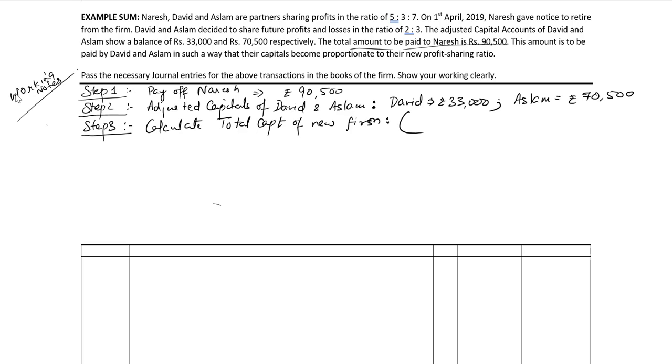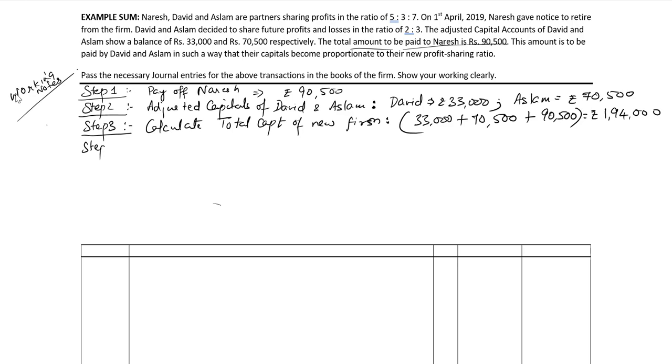We can get this by adding the adjusted capitals of David and Aslam, which is 33,000 rupees plus 70,500, and also adding the amount to be paid to the retiring partner Naresh, which in this case is 90,500. So we get rupees 1,94,000 as the total capital of the new firm.